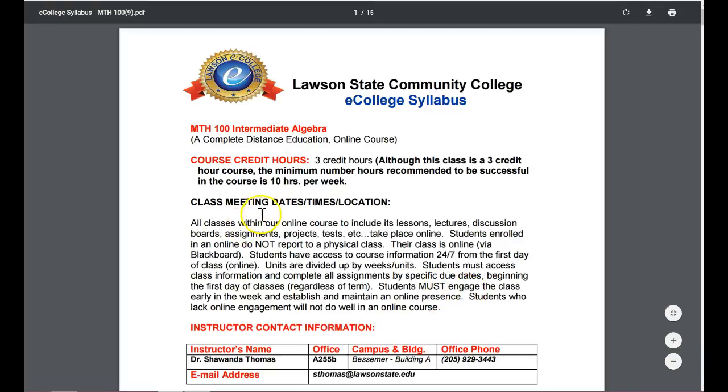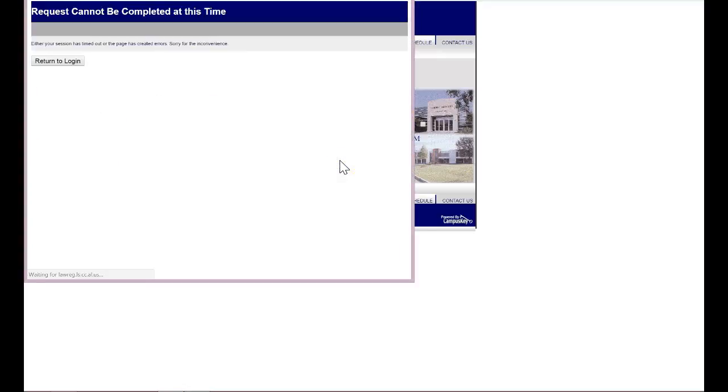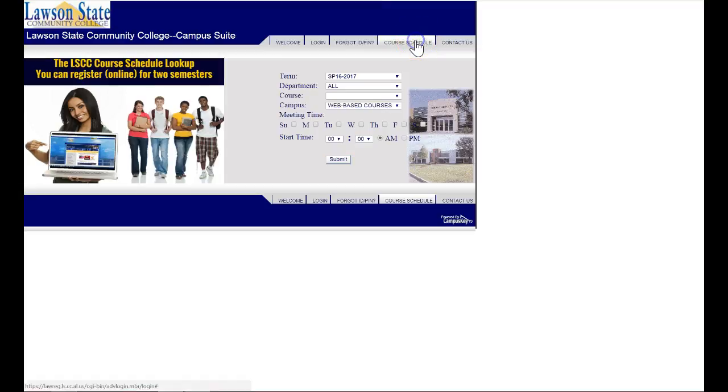Okay, class meeting dates, times, locations. The administration normally assigns a day and a time for the Math 100 online, or really all the online courses. Let me show you an example of what you may see.